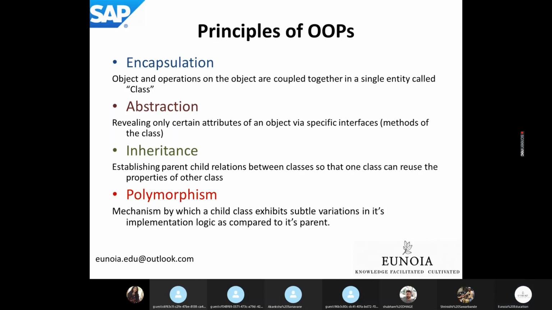The second point is abstraction. Abstraction is revealing only the necessary details of the object. That is, not all attributes of the object are visible outside the class. Only the relevant part, the bare minimum that needs to be revealed, is revealed. This type of behavior or programming approach comes under abstraction.